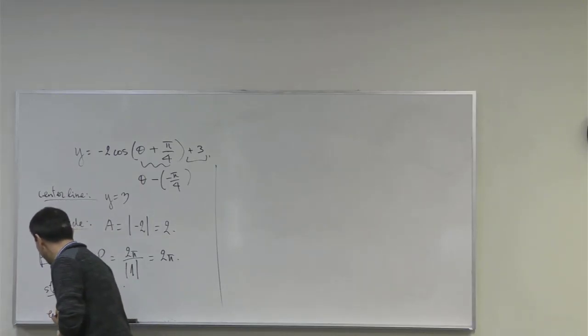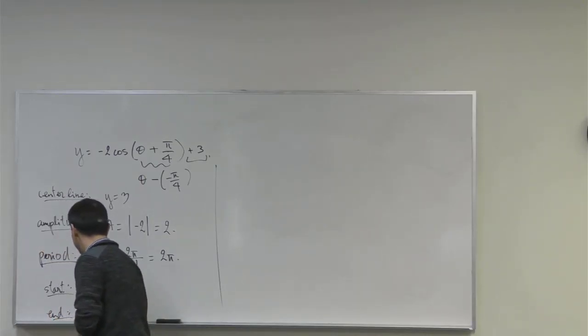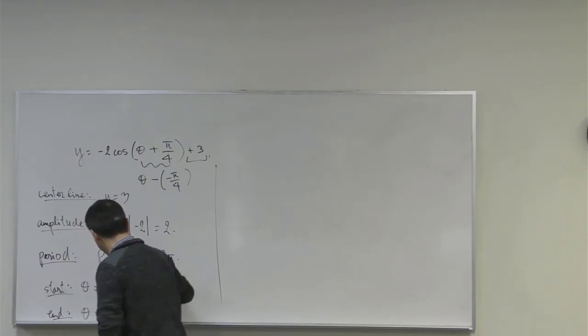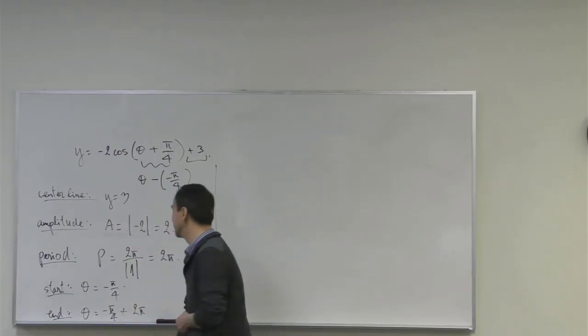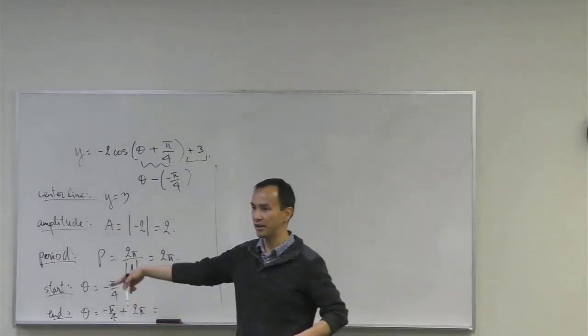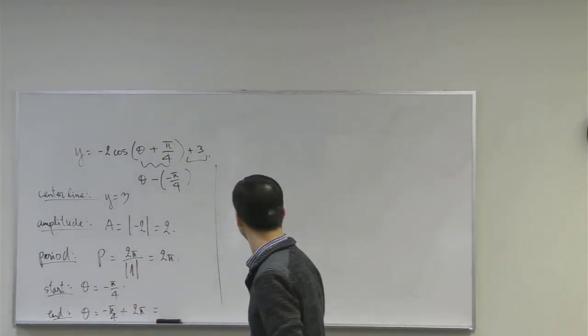The ending point, rule of thumb, is the starting point negative π/4 plus the 2π unit. So the ending point is minus π/4 plus 2π.